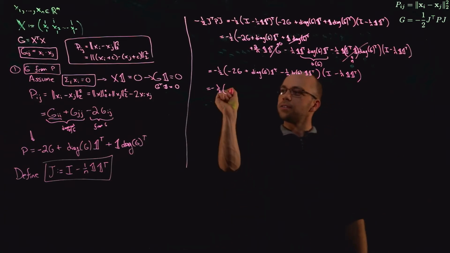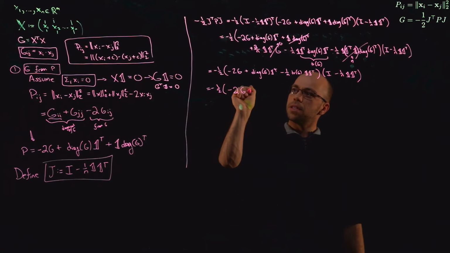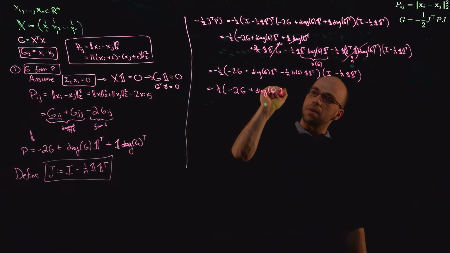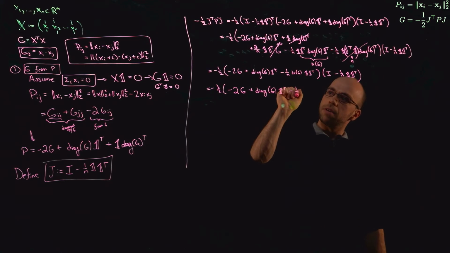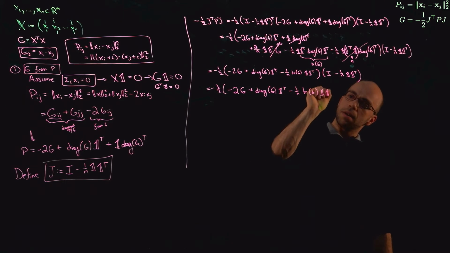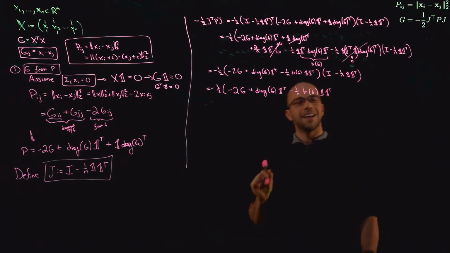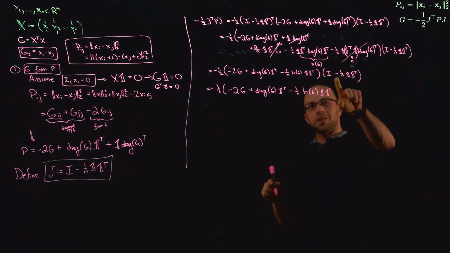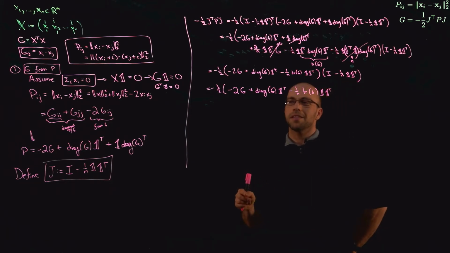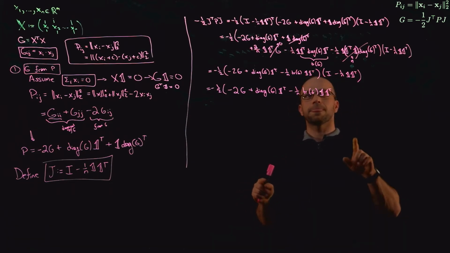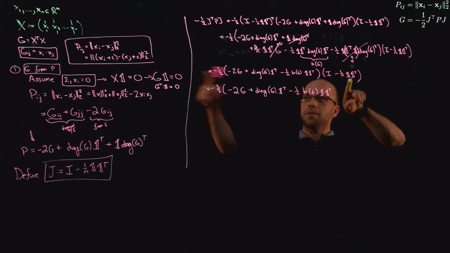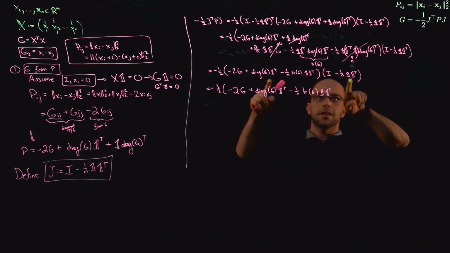Okay, so for the identity term, again, we'll get minus 2g plus diagonal of g times 1 transpose minus 1 over n times the trace of g times 1, 1 transpose. Okay, now we need to do this minus 1 over n, 1, 1 transpose. Okay, so let's see if we can do a little bit of this live. First of all, remember that g times 1 is equal to 0, so we can skip that term. And now what are we going to get?